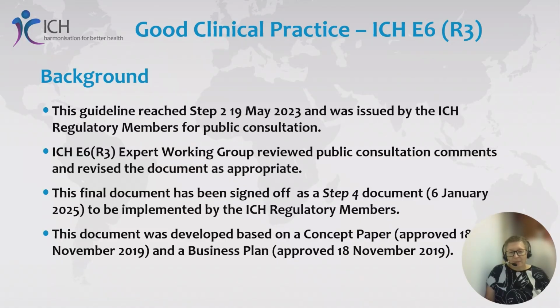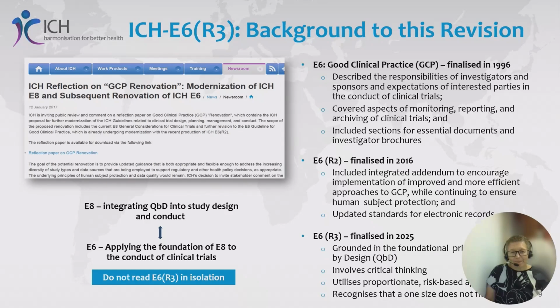And then it has to be implemented by the regulatory members. And if you can cast your mind back, this is a document that's based on a concept paper which was approved in November 2019. So you can understand that it's not a short process to develop a document. Obviously, we had times when we weren't able to meet during the pandemic, but it is quite a long process.